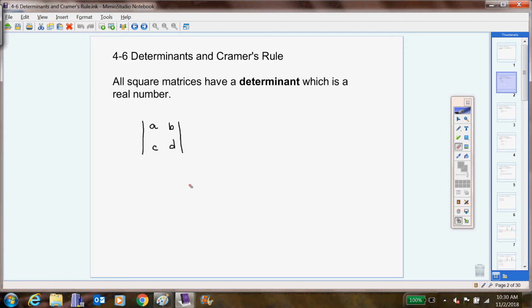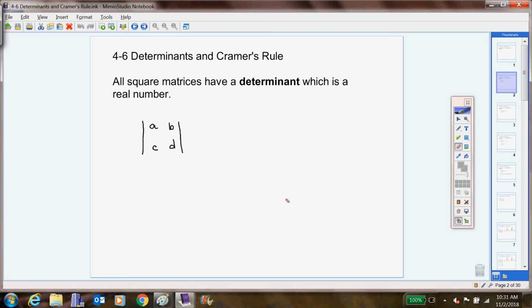The symbolism for a determinant looks very much like absolute value bars, but it's really its own type of matrix. So these sides tell you that this is a determinant, and then there are elements in it just like there are in a matrix. So you can find the determinant of a matrix by doing certain operations.